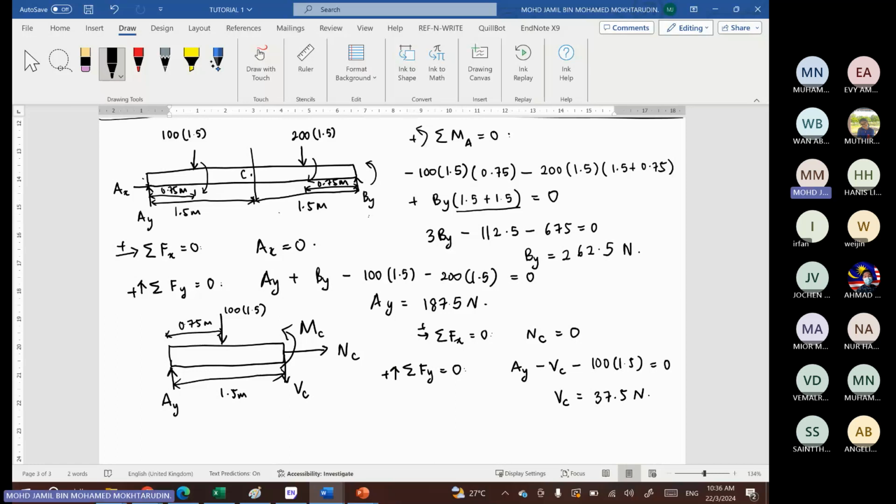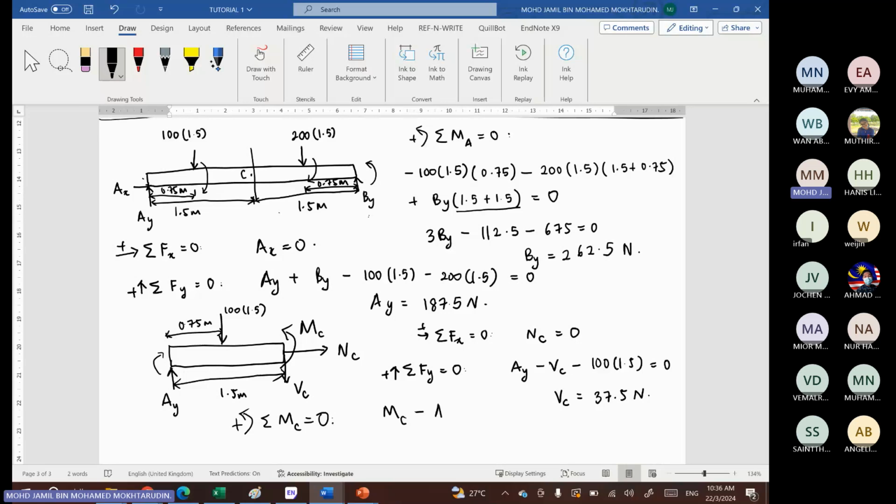And then lastly, to determine MC, we can take moment at point C. So here at point C, we have moment MC. And then AY times 1.5, it will be clockwise direction.